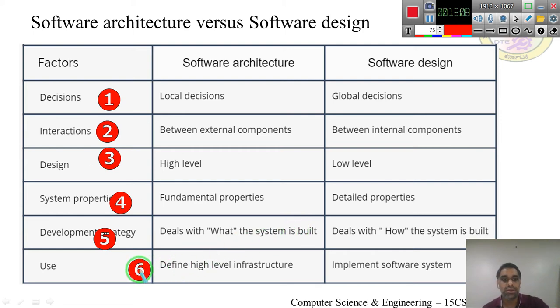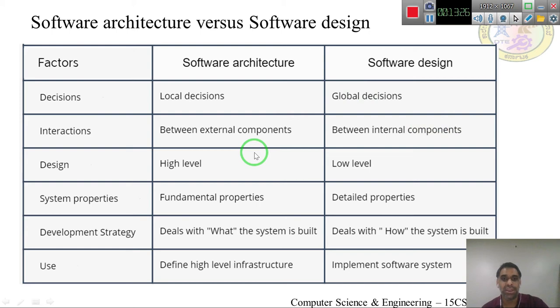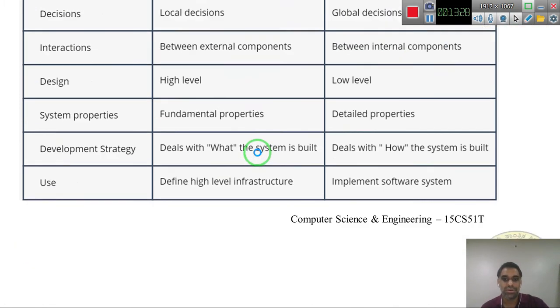Then sixth, use. With respect to use, software architecture would define the high level infrastructure, whereas software design would implement the entire software system. Okay, so this is about the difference between software architecture and software design.